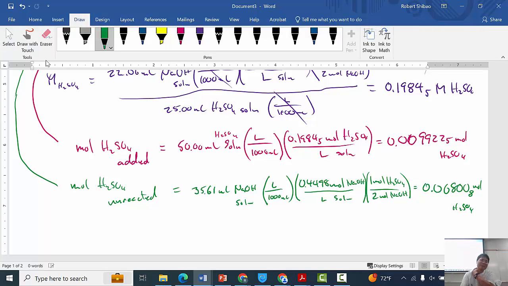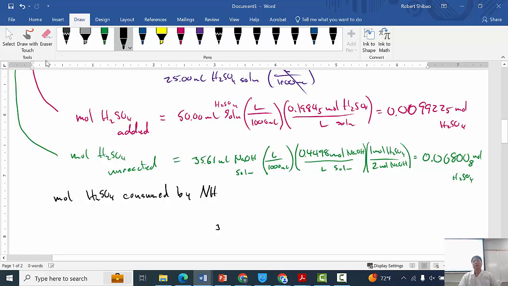And then what we're going to do is calculate the moles of H2SO4 consumed or used. This is consumed by the ammonia. And so if we start off with 9.92 millimoles and we end up with 8.00 millimoles, how much did we use?